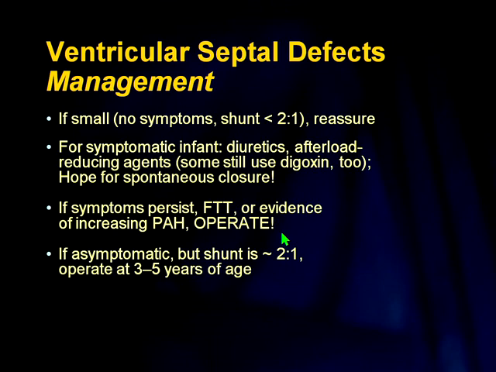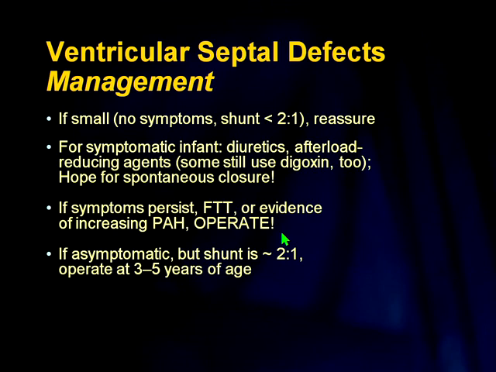So we try to get the baby into better condition medically. Increase caloric intake because A, we want the baby to have a chance for this defect to go away on its own, or B, if the baby needs surgery, we want the baby to be bigger, better condition for surgery, okay? But if symptoms persist, failure to thrive, increasing pulmonary hypertension, operate.